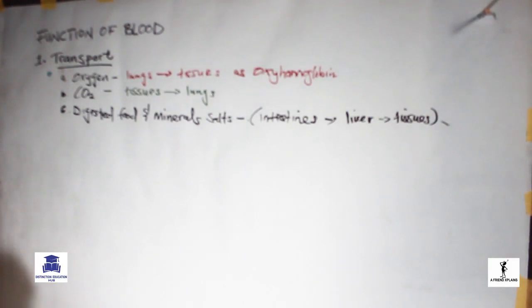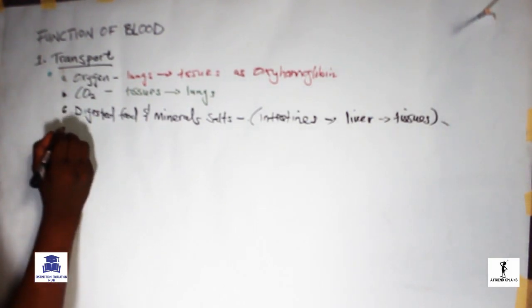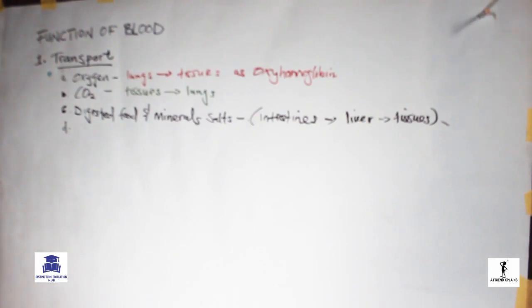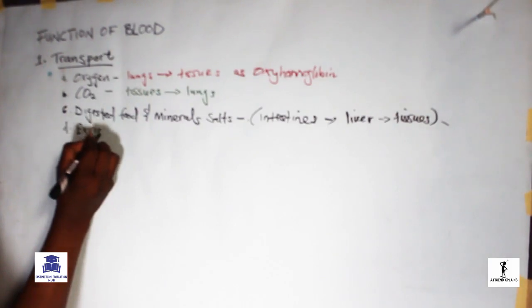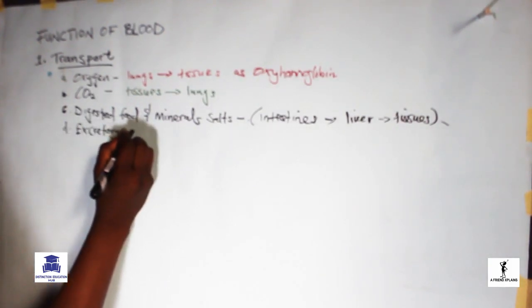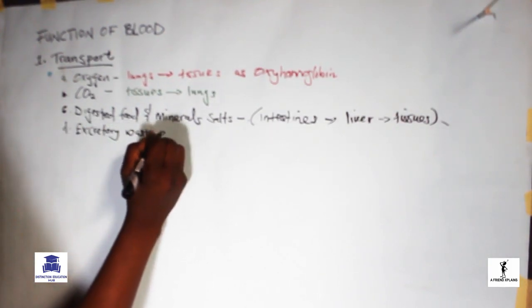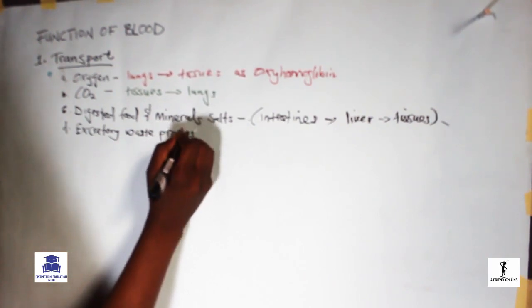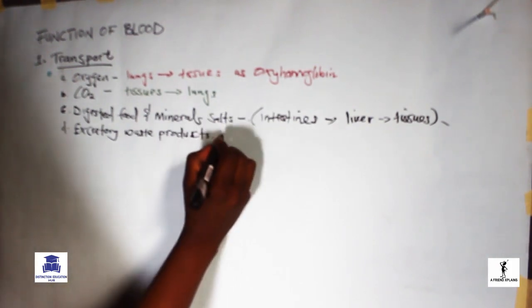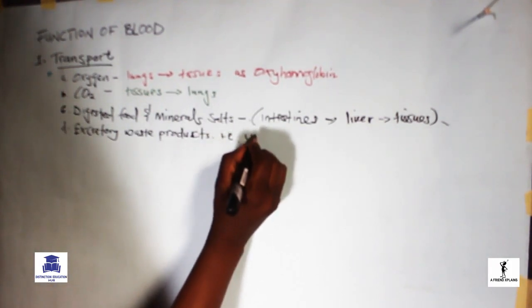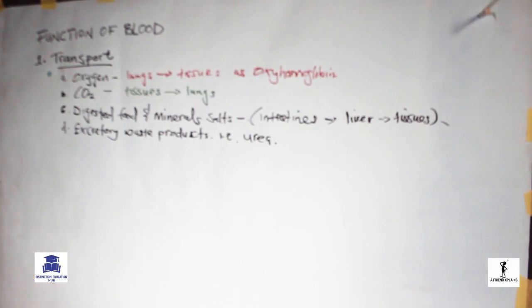The other thing that is transported by blood is excretory waste products. Blood is used to transport these excretory products, an example being urea. Urea is an excretory and waste product that shouldn't accumulate in your body.